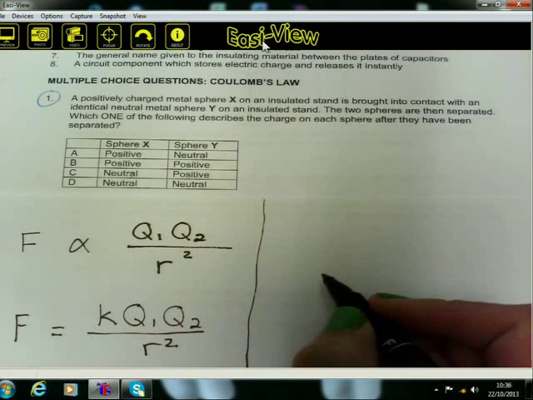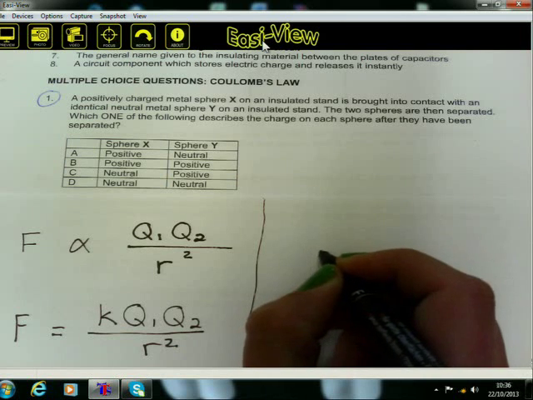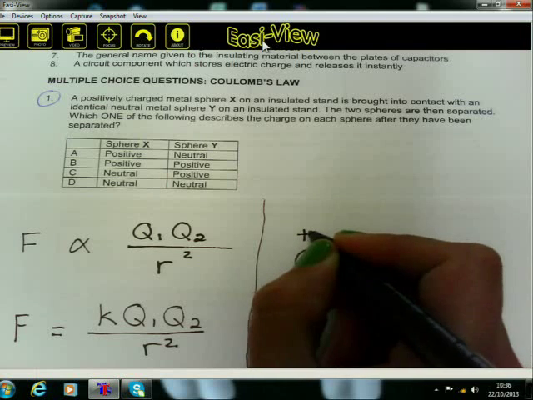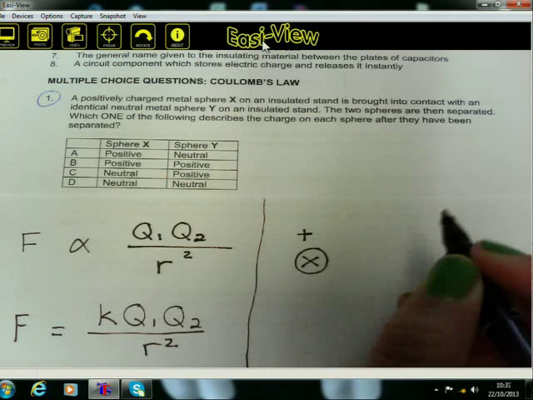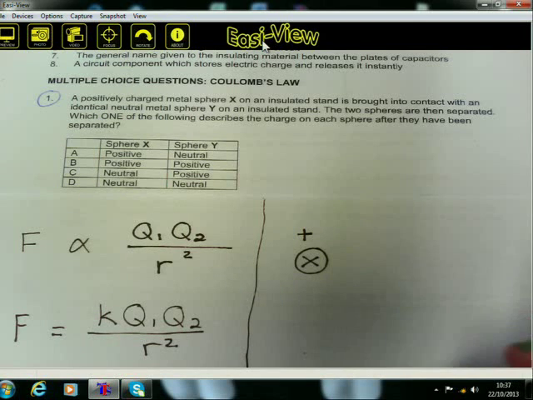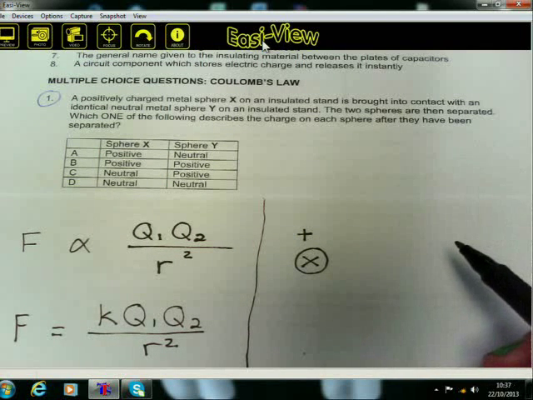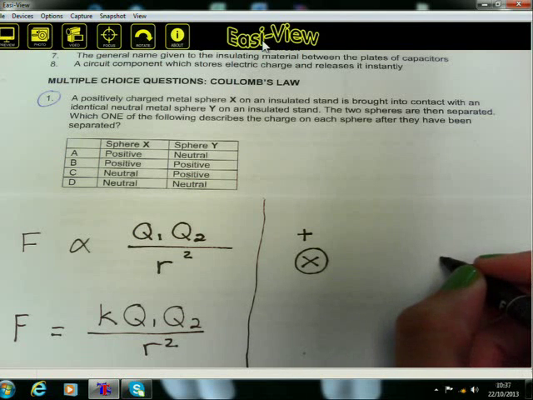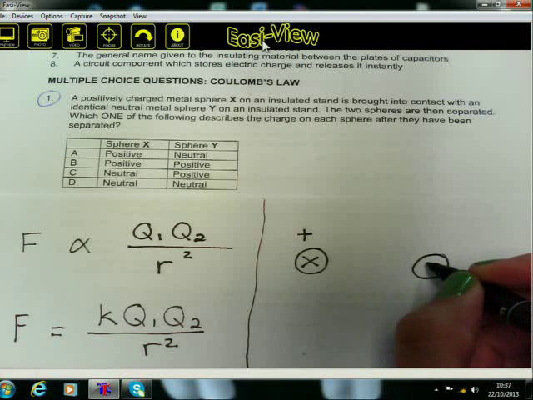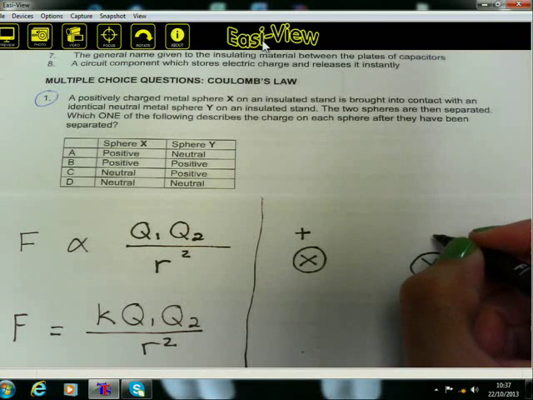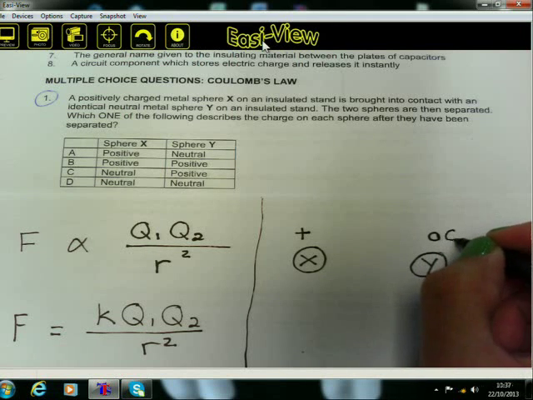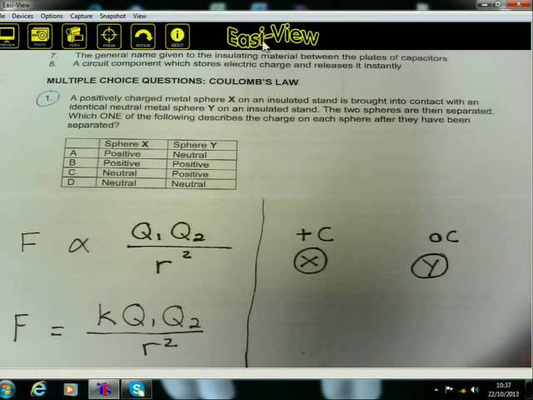A positively charged metal sphere X. So we draw it. There it is. It's called X, and we know it is charged positively. It has more protons than electrons. On an insulated stand is brought into contact with an identical neutral sphere Y. So it's the same size, it's identical, and we know that the charge is neutral, so there's no charge on it. 0 Coulomb, and this one is a positive Coulomb.